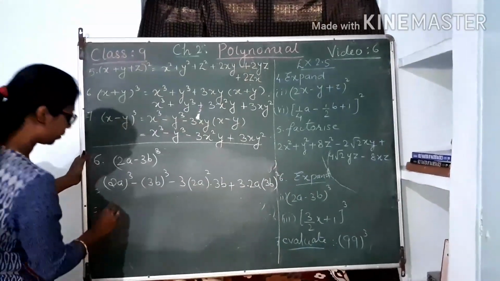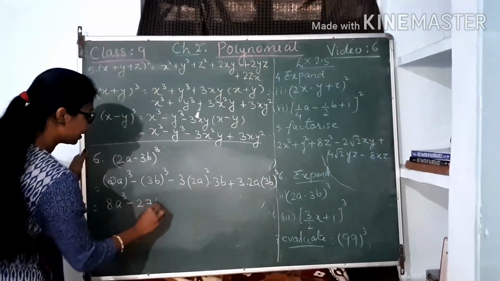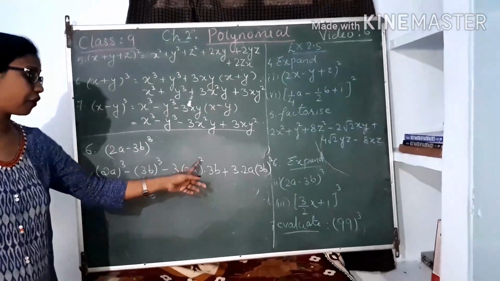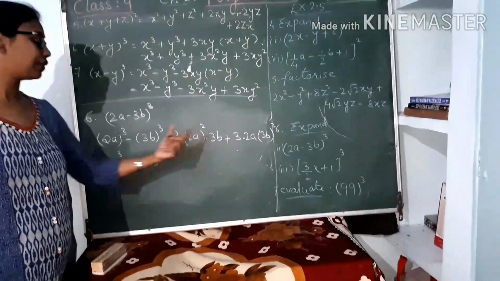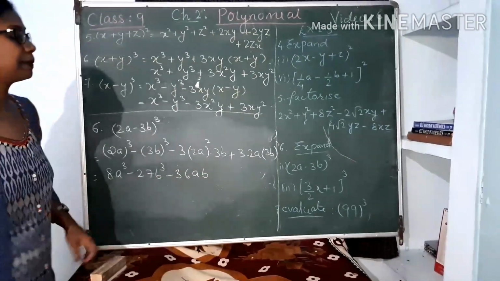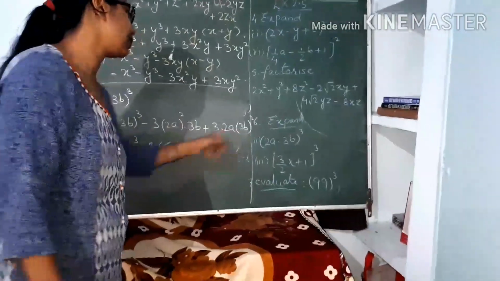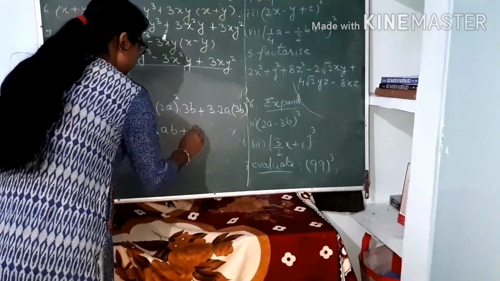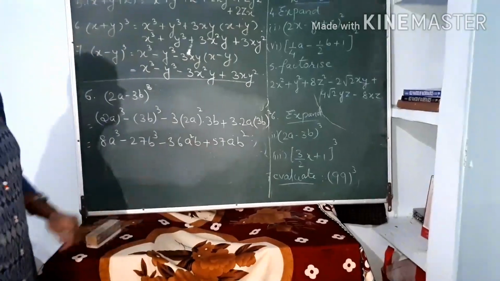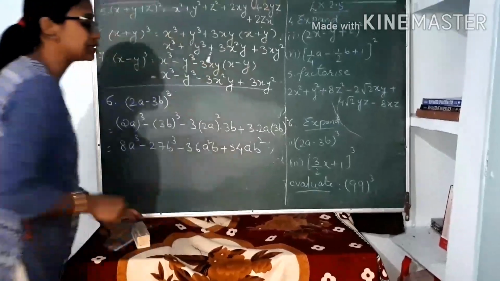Now try to solve by your own. 2 cube is 8, 8a cube minus 27b cube. This 2 square will be 4, 3 into 3 is 9, 4 into 9 is 36, so 36 a square b. Then 3 square is 9, 9 times 3 is 27, 27 times 2 is 54, plus 54 a b square. So this is 54 ab square.